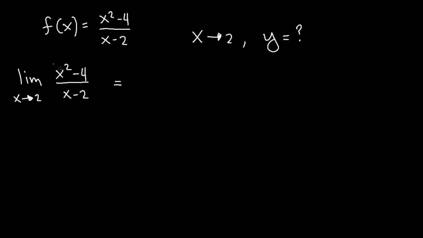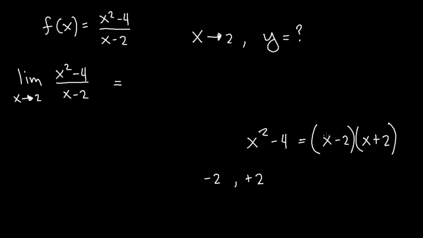So as you observe, we write here x squared minus 4, which has roots x equals negative 2 and positive 2, meaning this is equal to x minus 2 times x plus 2. So why is it equal? If you FOIL it, you get x squared plus 2x minus 2x minus 4. The two middle terms cancel because one is positive and the other is negative. So what remains is x squared minus 4.